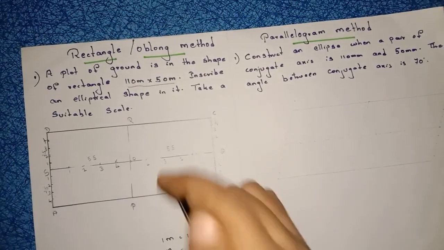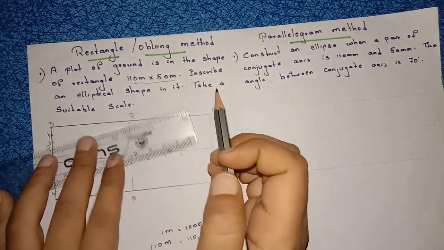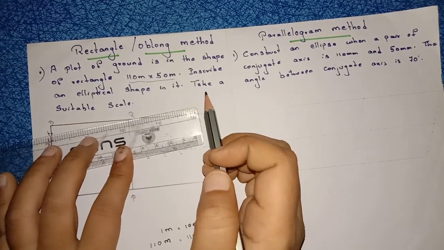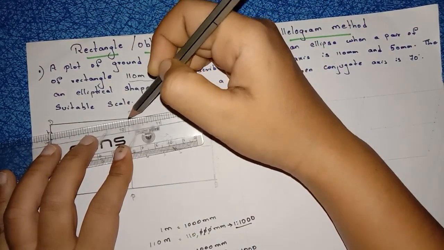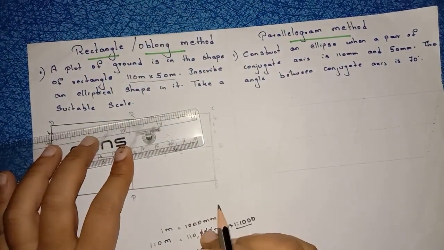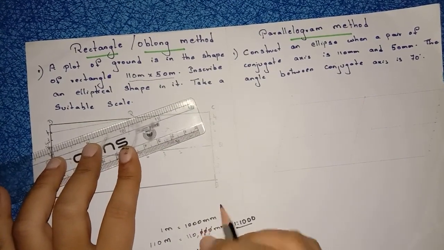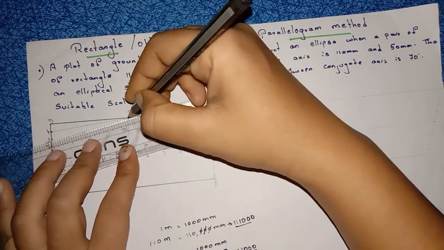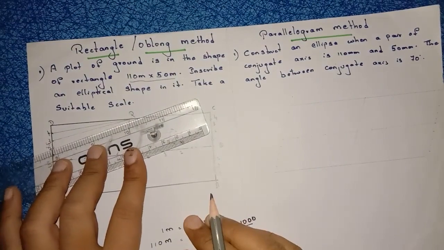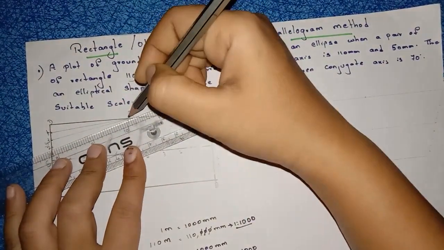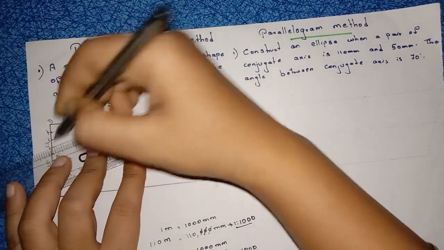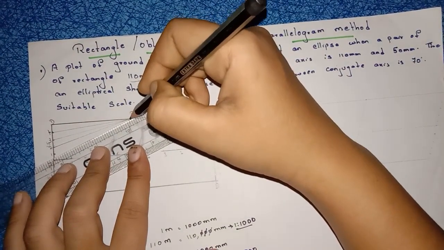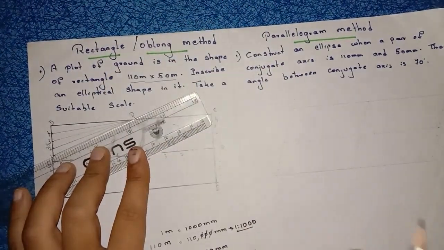Right, now this is the point R, no? From point R draw a line, join this R to 4, the fourth point, right, R to the third point, right, R to the second point, right, now R to the first point.